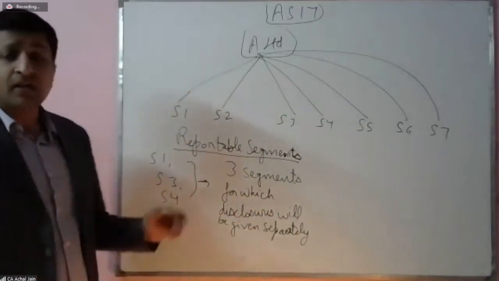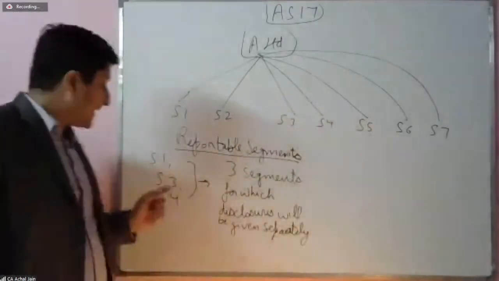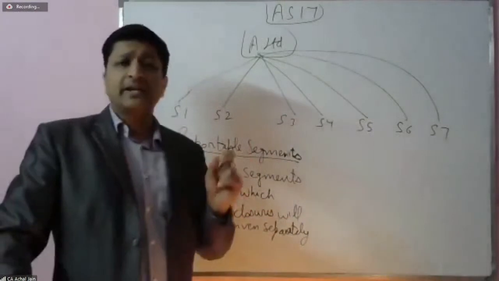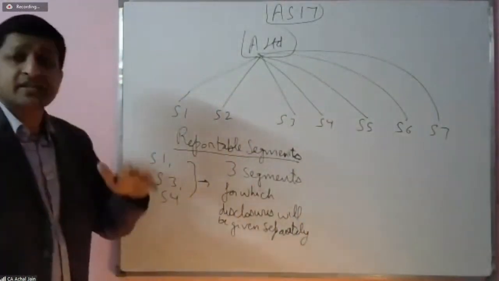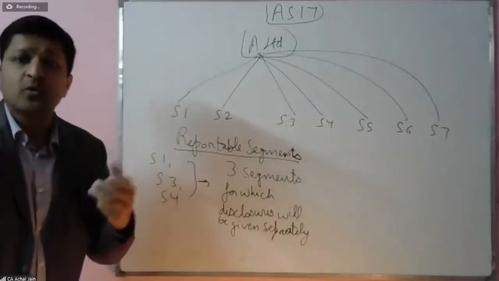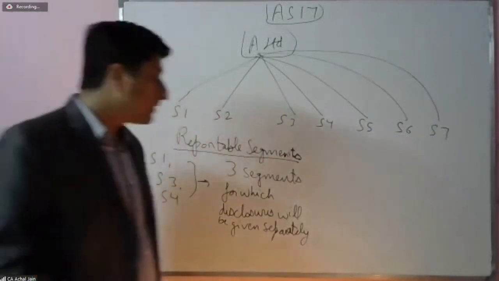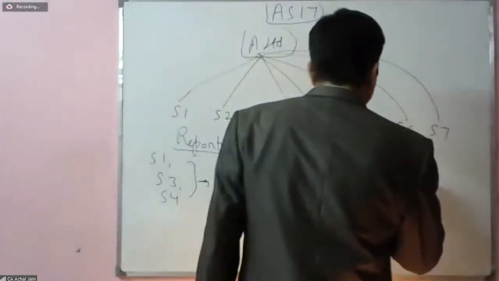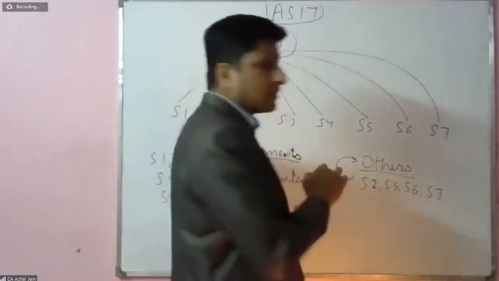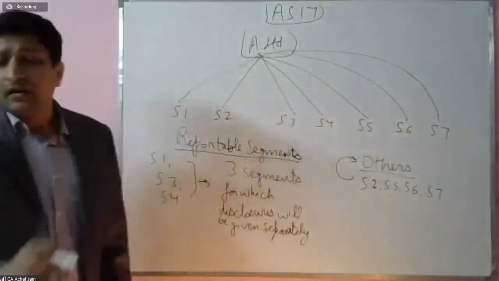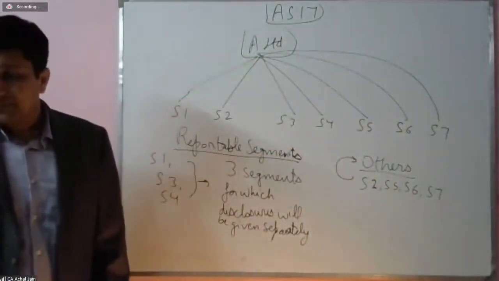Means for S1, disclosures will be given separately. S3, disclosures will be given separately. S4, disclosures will be given separately. So these 3 segments will therefore be called reportable segments, and the others are called others. And these are not reportable segments.